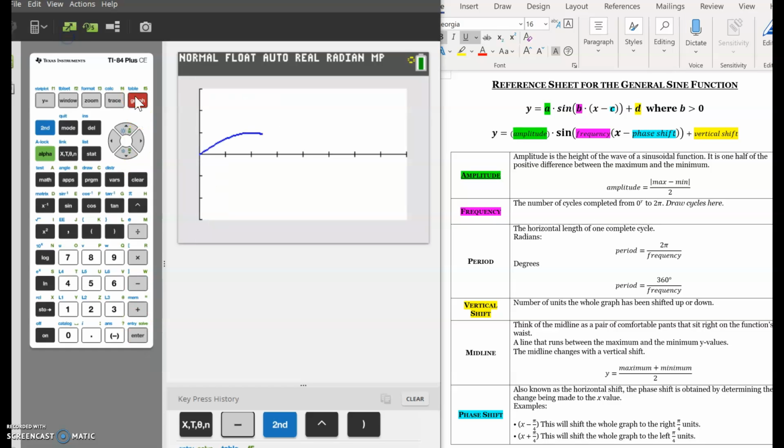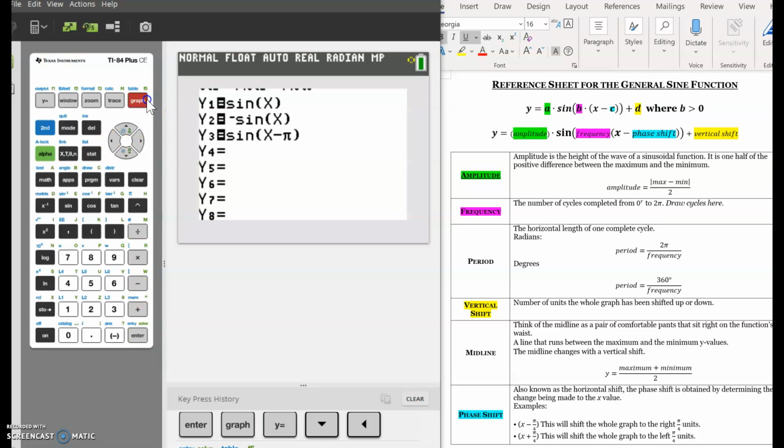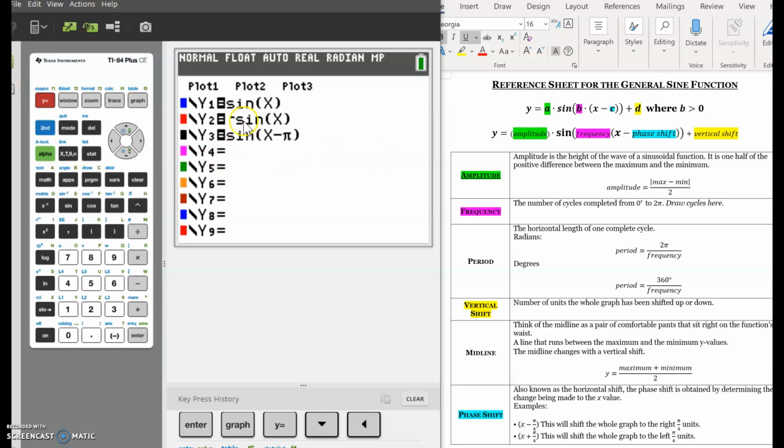So you press graph. There's a black one. Now if I turn this back on and then graph it, notice that that is the same graph. So negative sine of x is actually the same as sine of x minus pi.